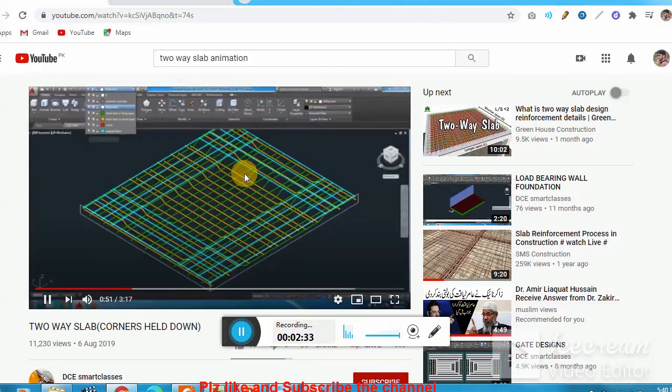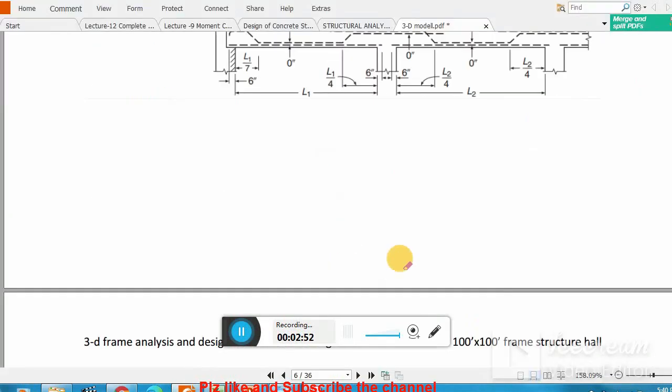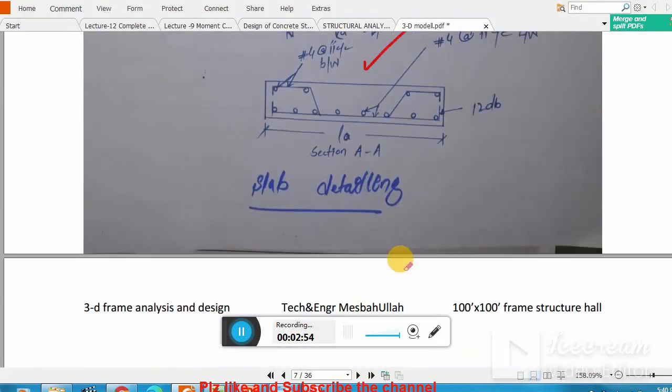Let's see how they place the supporting bars to these bent up bars. These blue color bars are supporting bars to those bent up portions. If I show you in cross section, let me show you.